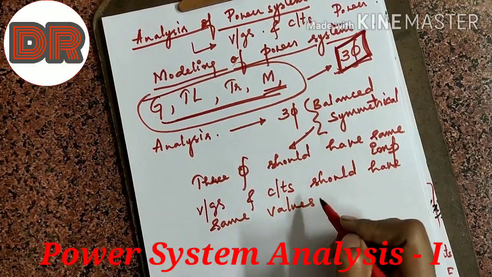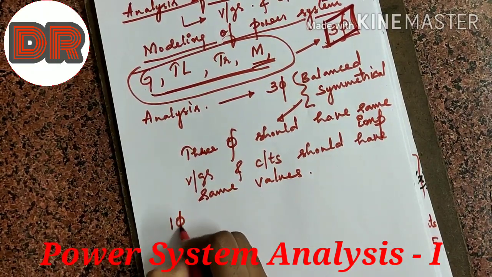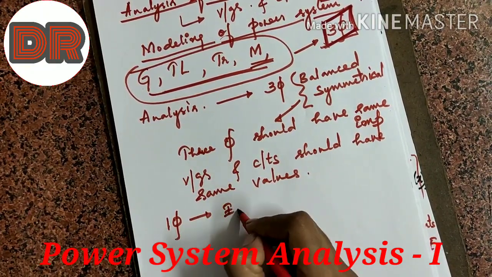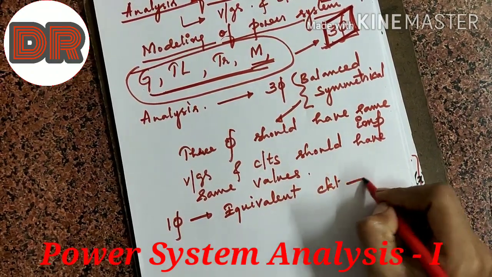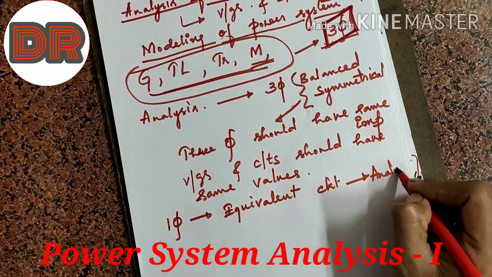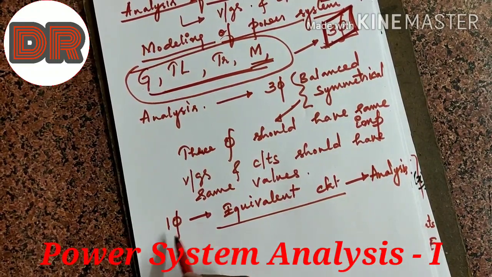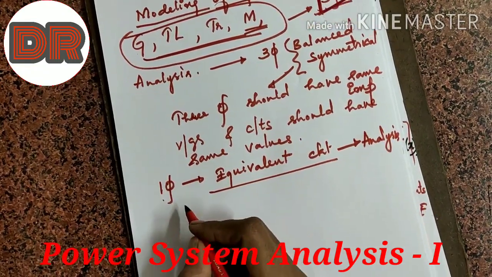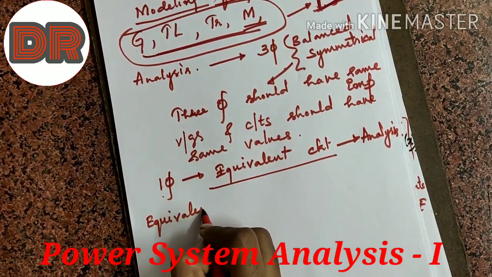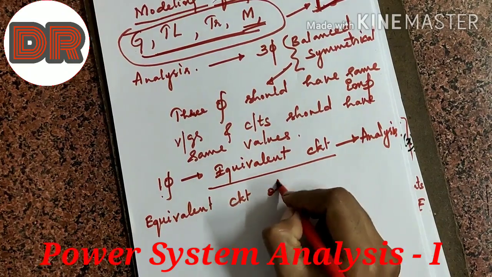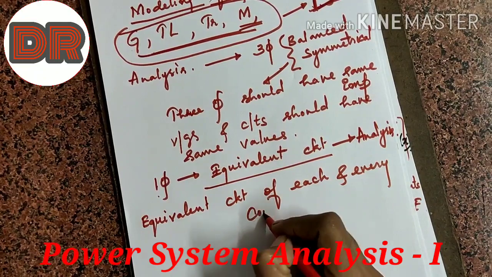So we can convert a three-phase balanced symmetrical network to a single-phase equivalent circuit, and thereby we can do the analysis. To write the modeling or single-phase equivalent circuit of a three-phase system, we need to know the equivalent circuit of each and every element or component of the system.